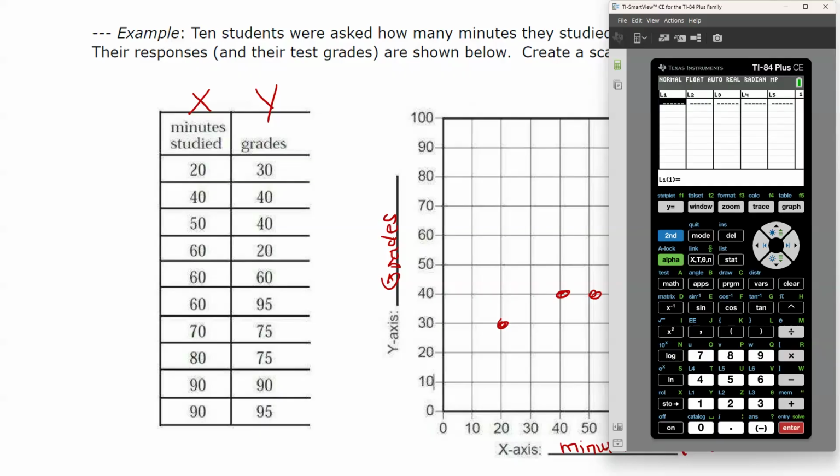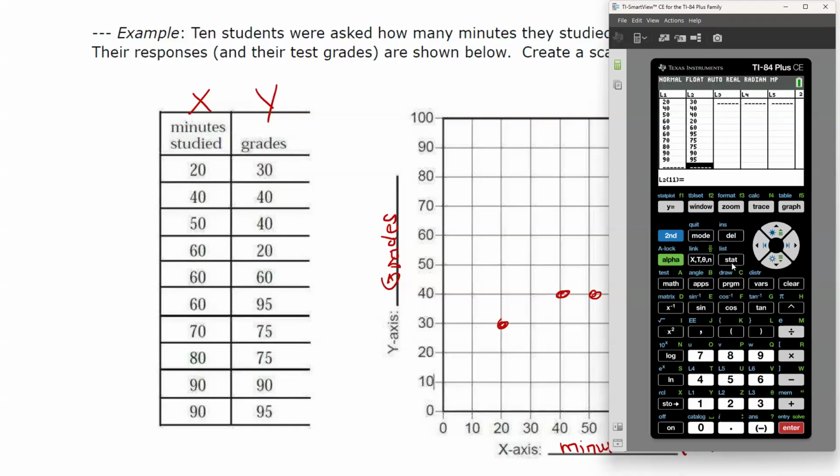Okay, so we have 20, 40, 50, 60, 60, 60, 70, 80, 90, 90. Okay, enter the y's: 30, 40, 40, 20, 60, 95, 75, 75, 90, and 95.